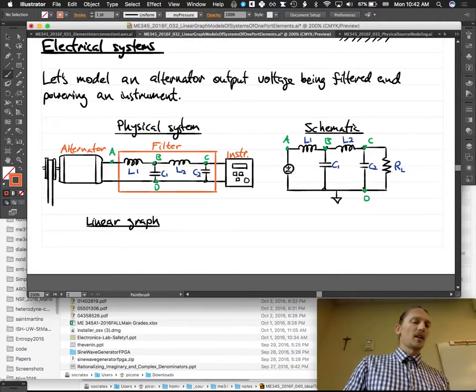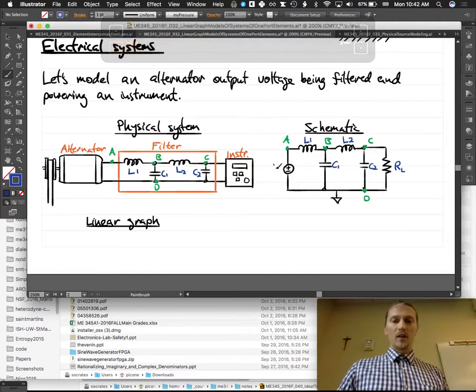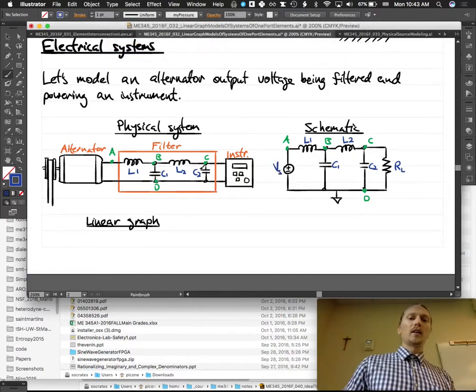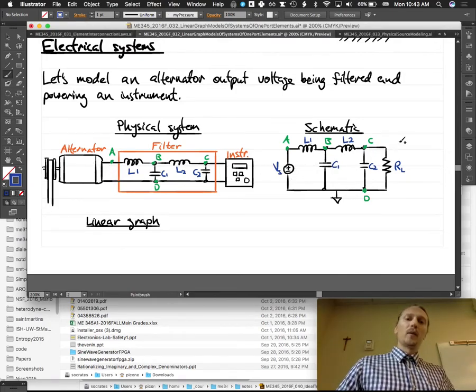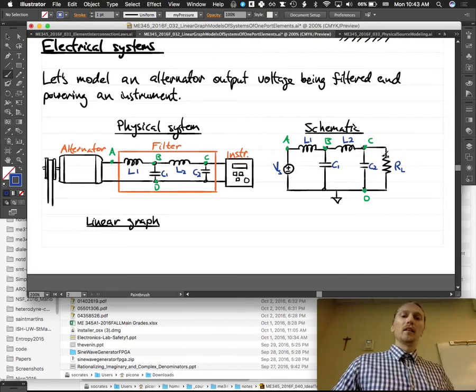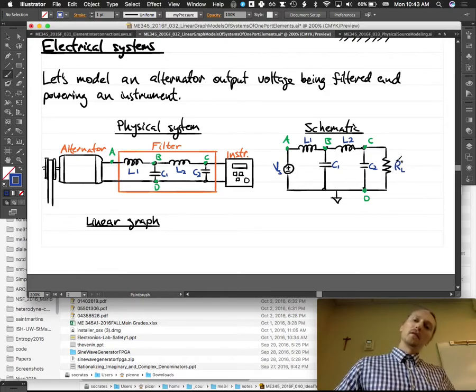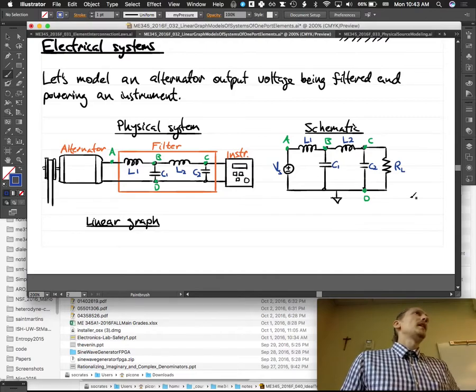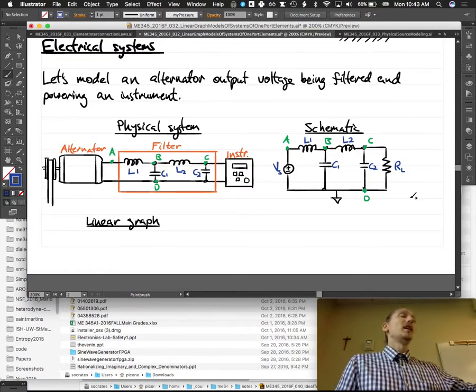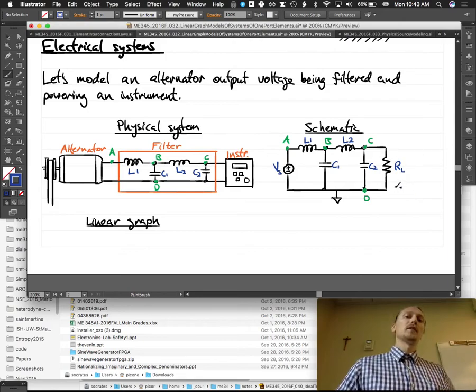We're going to say this is a voltage source here, Vs, and this voltage source is driving this circuit, and eventually we'll want to know what the load voltage is, the instrument load voltage. Notice that we modeled the instrument as a resistor. That's a pretty typical thing to do. It depends on the system whether or not you can do that. You could have a capacitive load or an inductive load, and then you need to put in a capacitor, an inductor, etc. But oftentimes we can get away with just a resistive load.